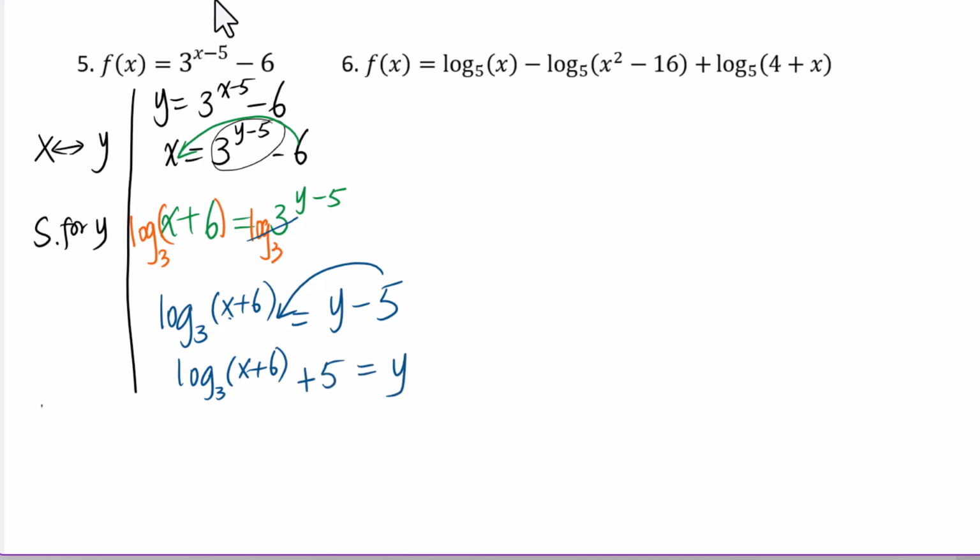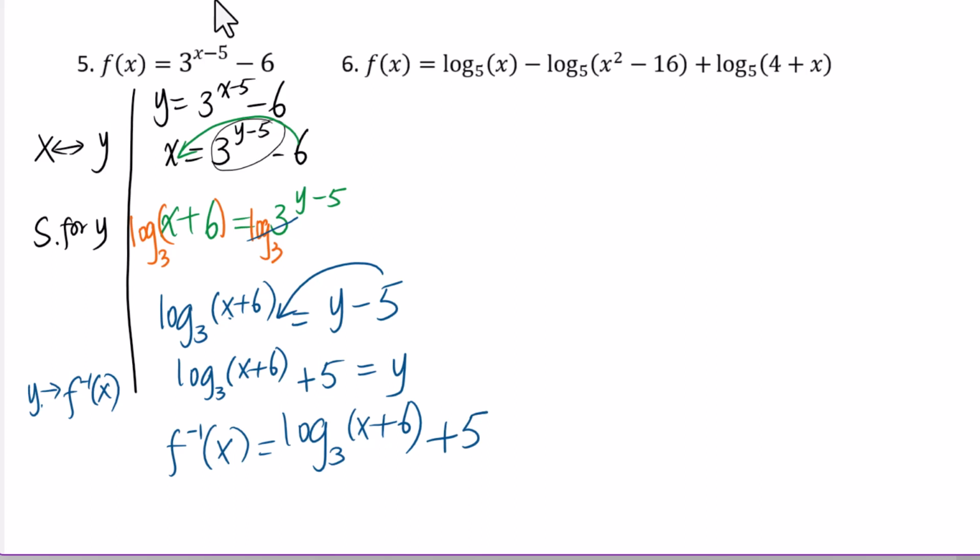Change y into inverse function symbol. Inverse of f of x equals log base 3 of x plus 6, plus 5. Let's go to 6. First of all, change f of x into y.